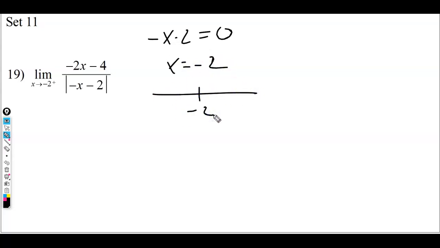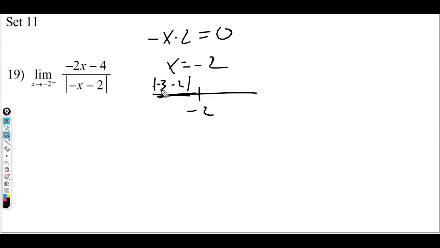And what you're going to do is you're going to be plugging in a test point to -x minus 2. You're going to plug in a test point from this area. And in this case, I want to pick a number over here, so that would be like -3.